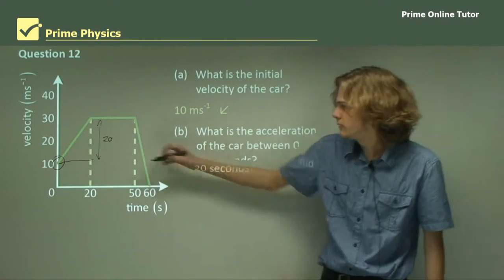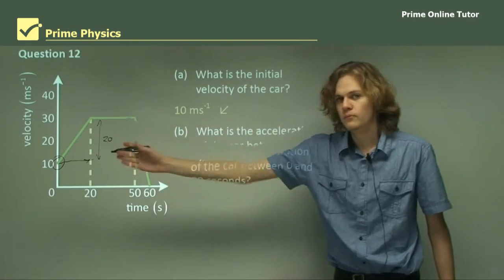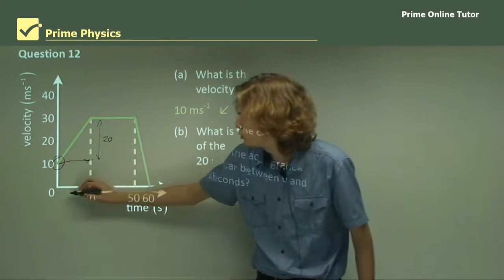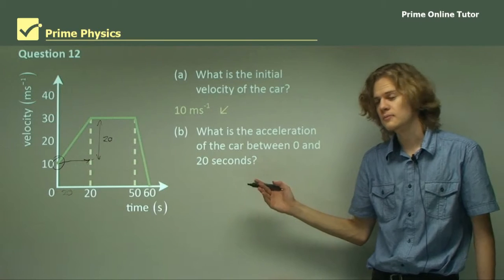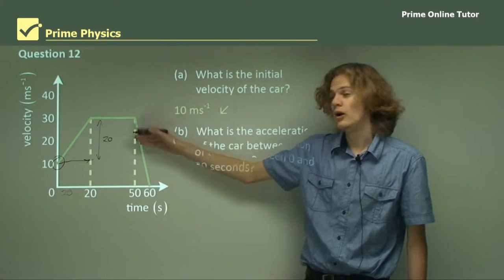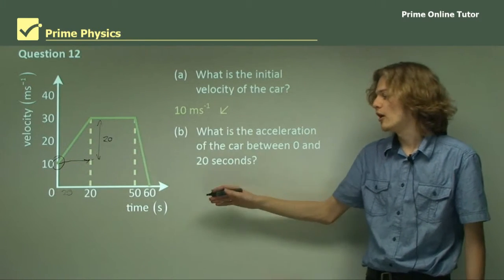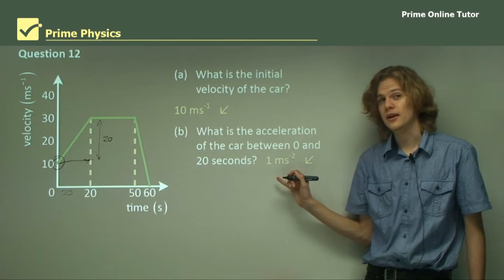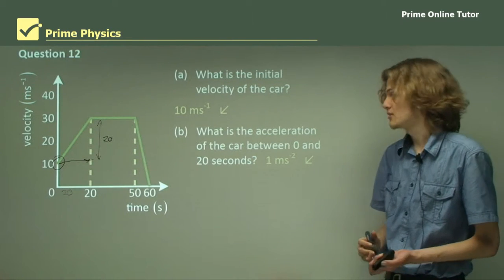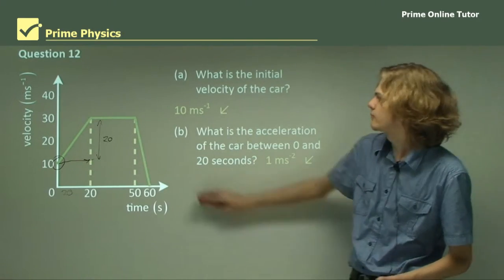And our run is this x value over here, so that's another 20, and that's in seconds. So dividing our rise, 20 meters per second, over our run, which is 20 seconds, we end up with 1 meter per second, or 1 meter per second squared.